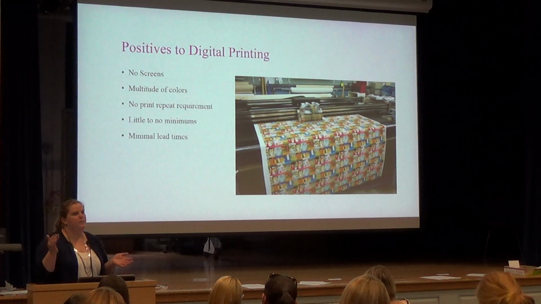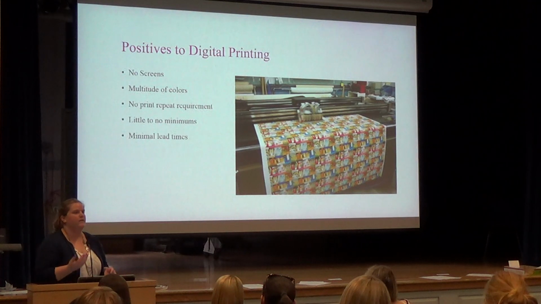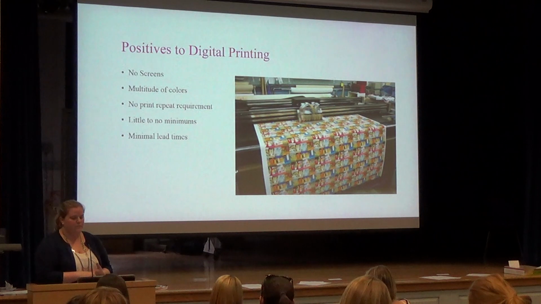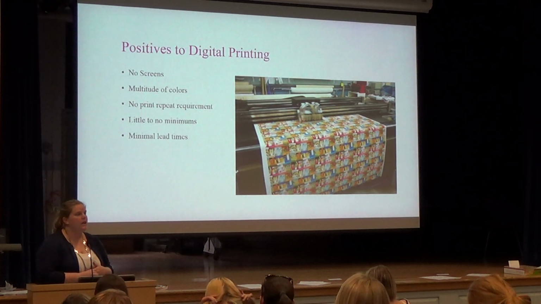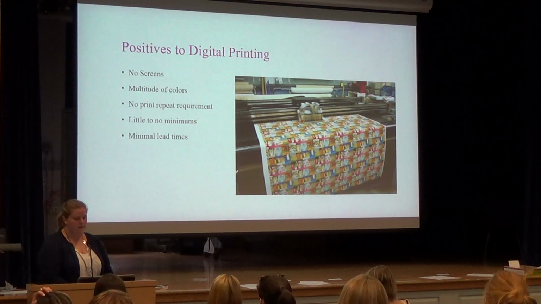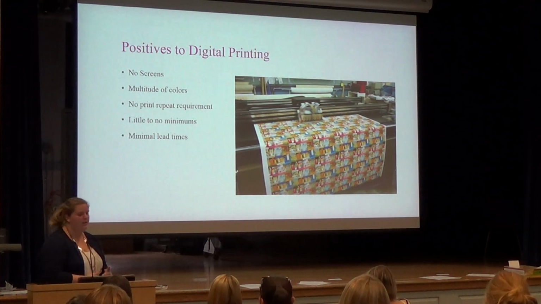You can print just a picture, or you could have it repeat however you want, whereas in screen printing, you have a limitation there. There's little to no minimums, because you can just print, and there are minimal lead times. That's really helpful, because what previously would have taken a few months, you can now have within a few days.